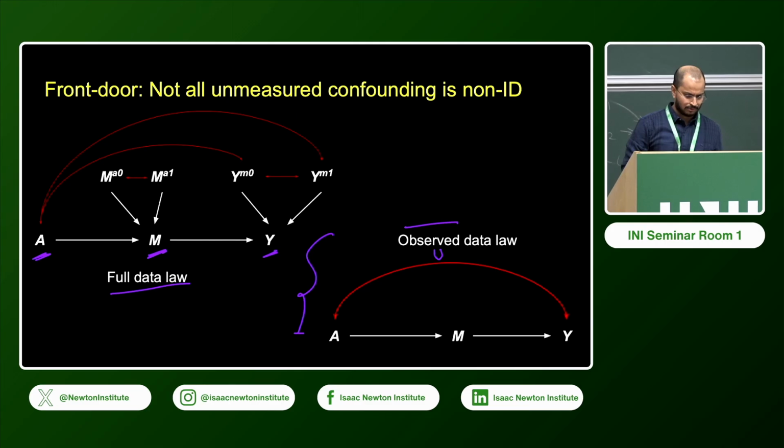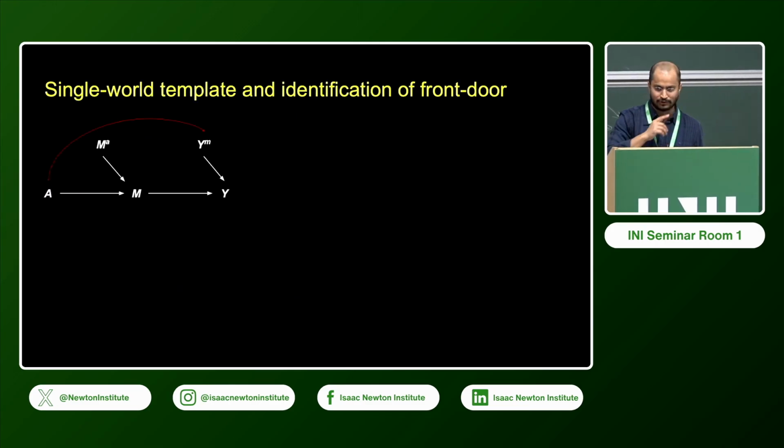Okay, so that's the front door model. Here's a template, the single world template, and here's how identification of the single world parameters of the full data law in the front door model would proceed.